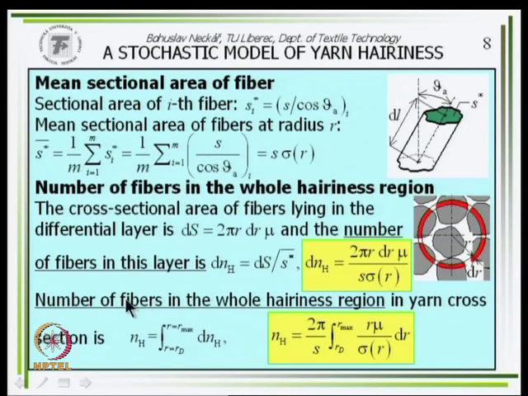What is the number of fibers in the whole hyannis region in the yarn cross-section? In one differential layer in the cross-section, we see dn h fibers. What is the total number of fibers in the yarn cross-section in the sphere of hyannis?